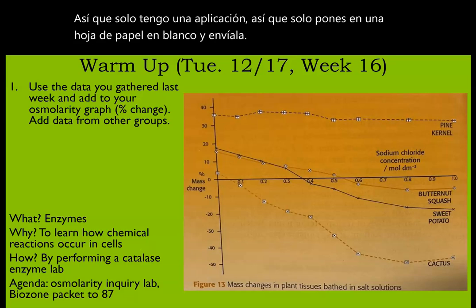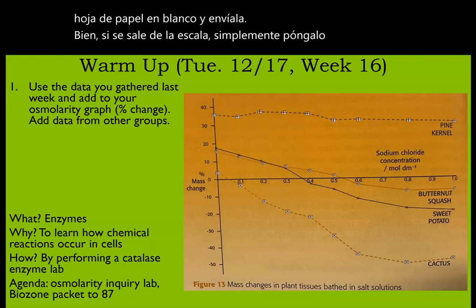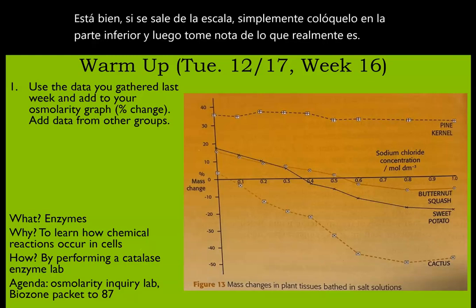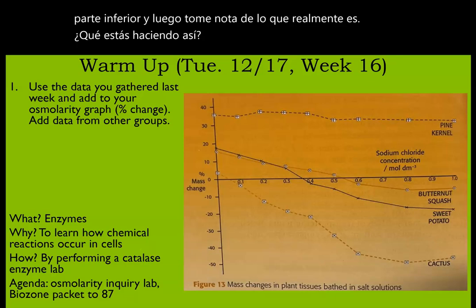Okay, so if it goes off the scale, just put it at the bottom, and then they can know what it really is. So they all decrease, huh? What was this? Watermelon?